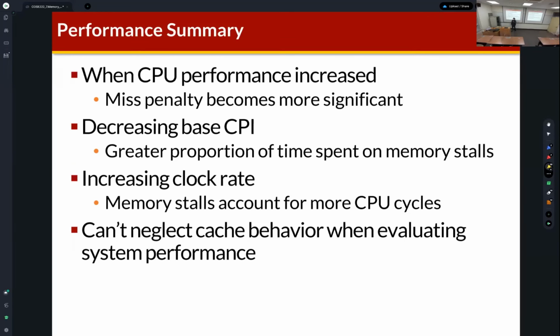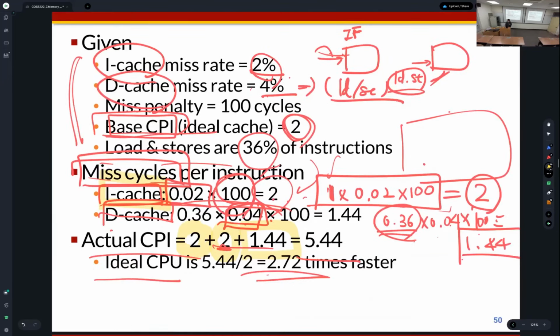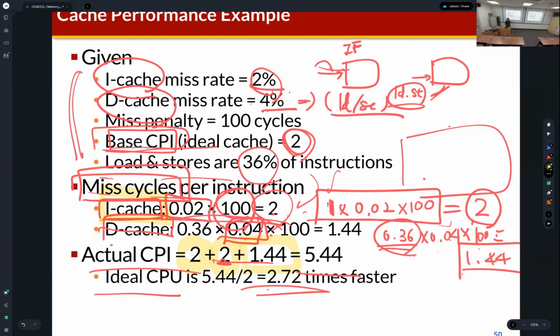So in this example, we learned about performance. Actually in chapter 4, we did not consider cache miss cases, but in an actual CPU, we need to consider cache miss cases. And then we learned that the performance, the CPI, will be degraded by cache misses like this.